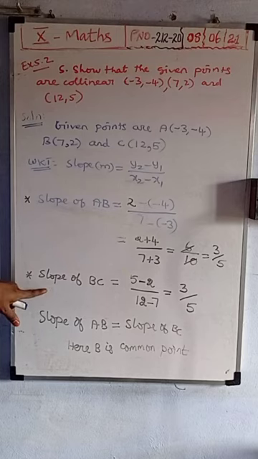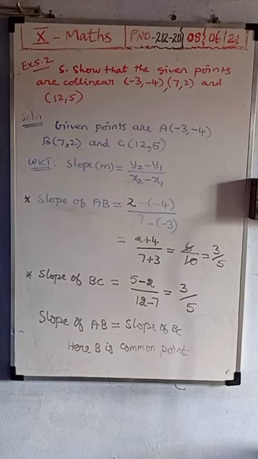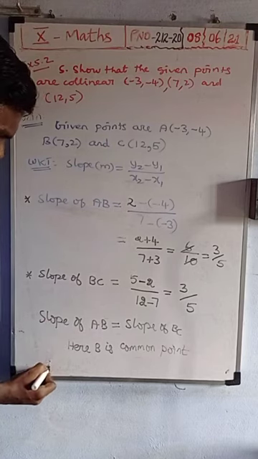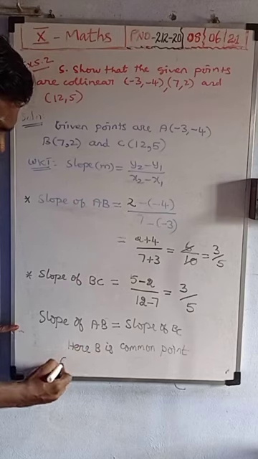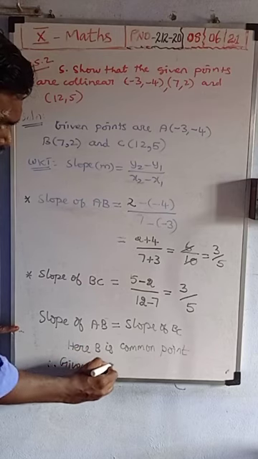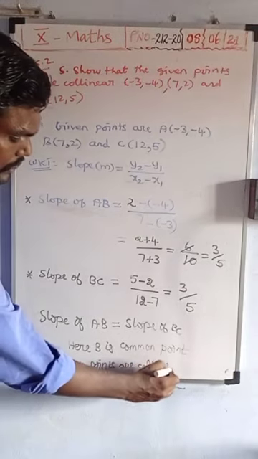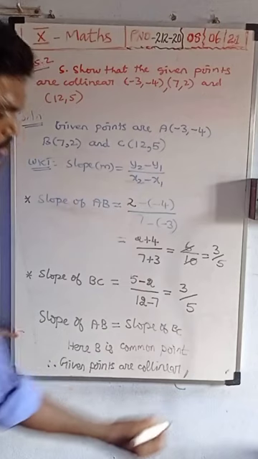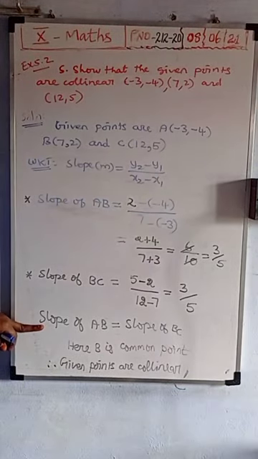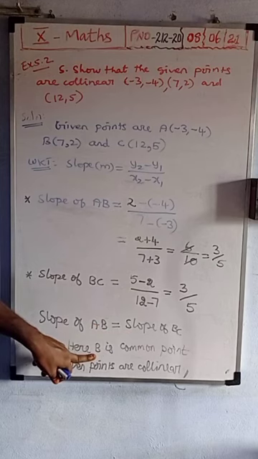Both slopes must come out equal. So therefore, the slopes are equal, so the given points are collinear. Suppose slope of AB is equal to slope of AC, where A is a common point.